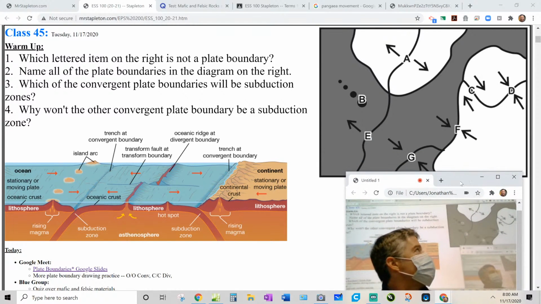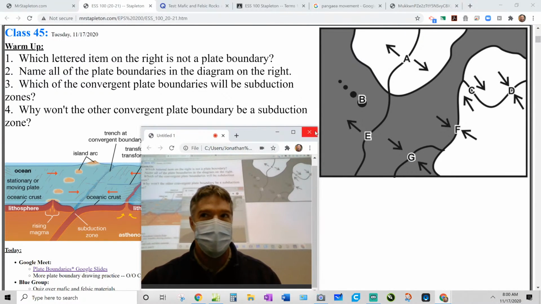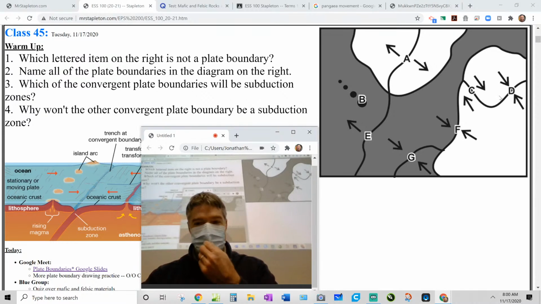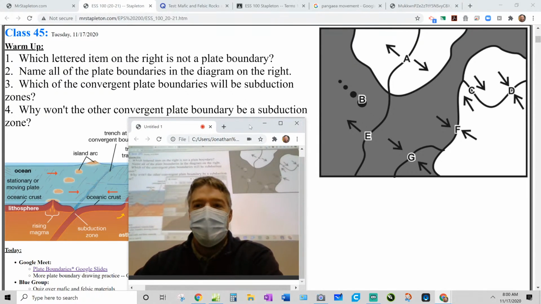This picture up on the top right, you've got a quiz today over mafic and felsic materials. So, this is a map, and this map is showing ocean crust and continental crust.